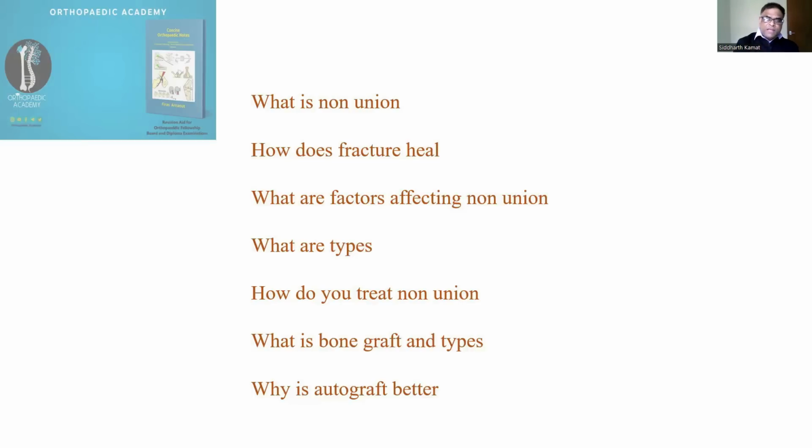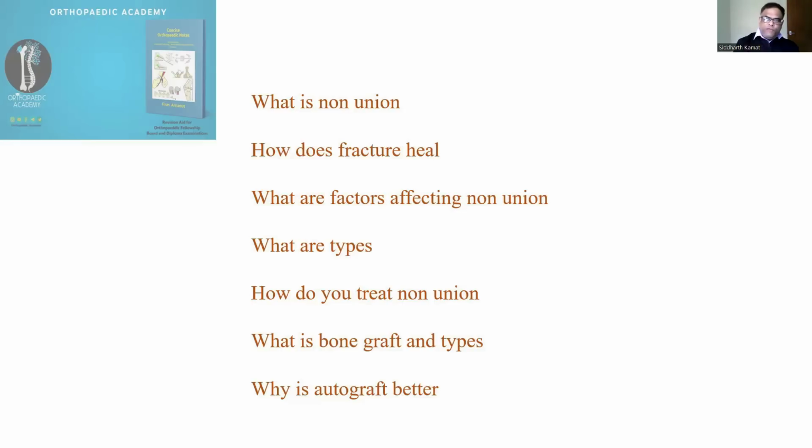If the fracture itself is comminuted, if the fracture is in a crucial bone which has less blood supply, like scaphoid, talus, neck of femur, etc. What are the types of non-union?